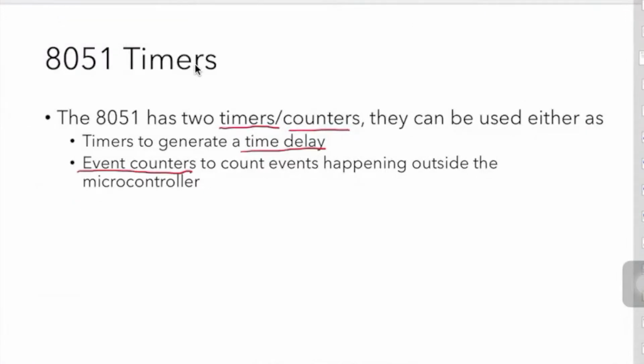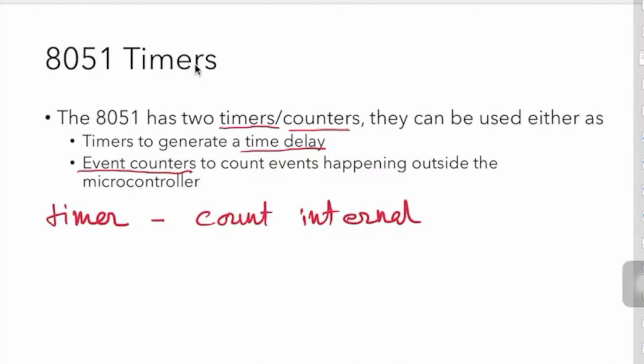When you say it is used to generate a time delay, we can configure this timer to count internal pulses. So generating a delay means we are configuring the timer to count internal pulses.